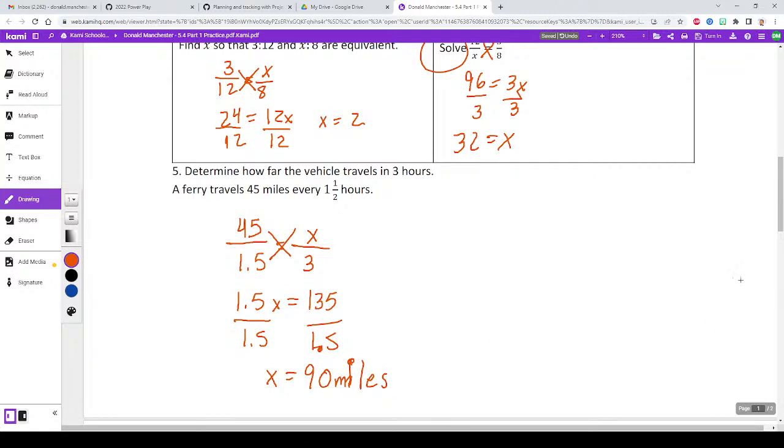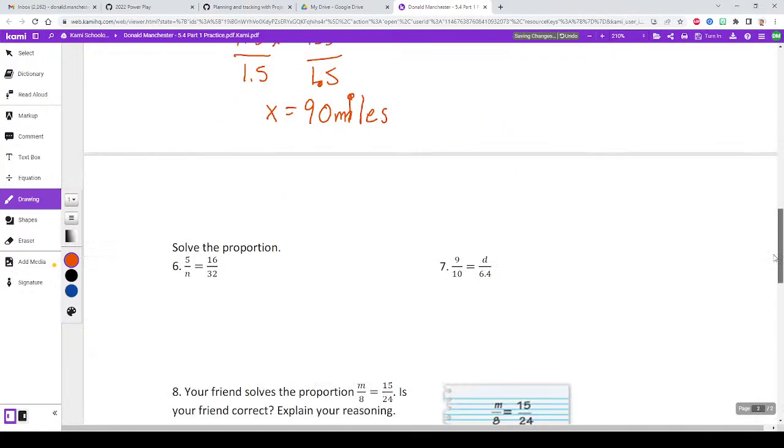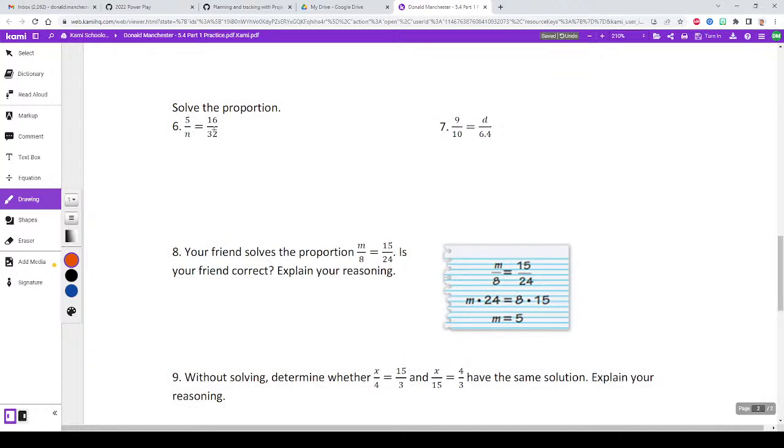My board's acting up, but we're almost halfway through our work. Solving proportions again, so we're cross multiplying here. That's 16n equals 160. Divide both sides by 16. That gives us n equals 10. Over here, we're cross multiplying this way. 9 times 64 ends in a 6.